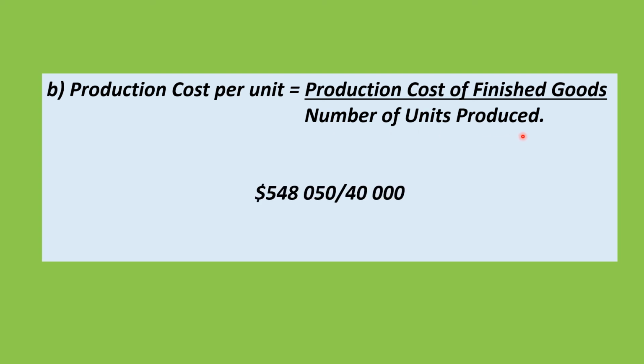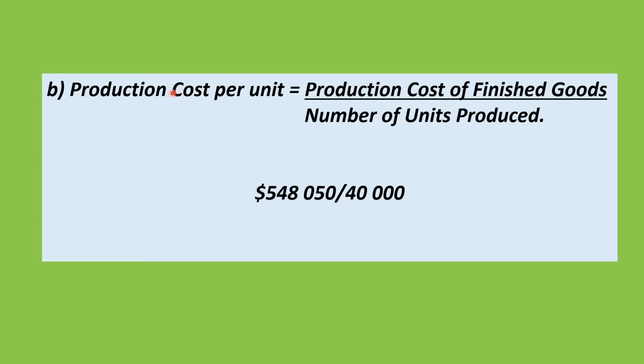The last line on the manufacturing account was $548,050, and the number of units produced was 40,000.